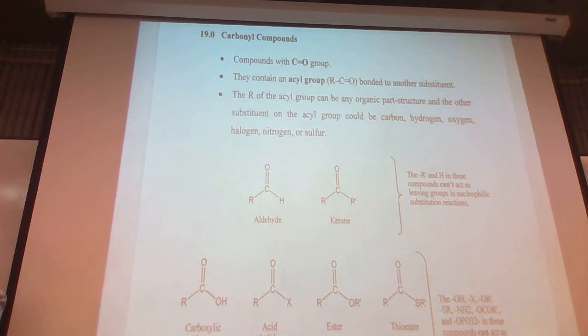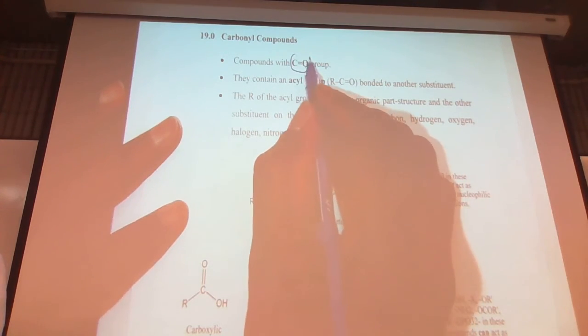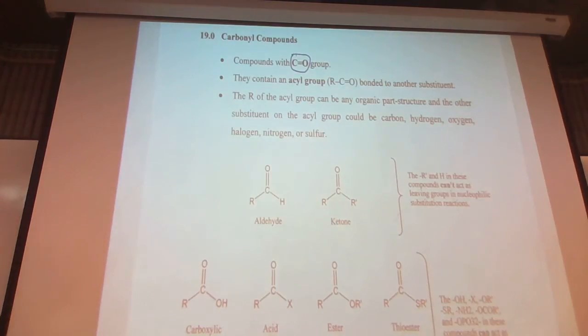Generally, carbonyl compounds have a carbon-oxygen double bond functional group flanked by different things. The C=O double bond is what we refer to as the carbonyl, and depending on what you have surrounding that carbon-oxygen double bond, you could have different classes of carbonyl.